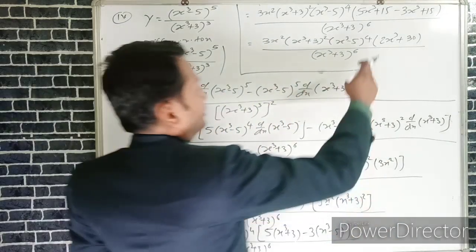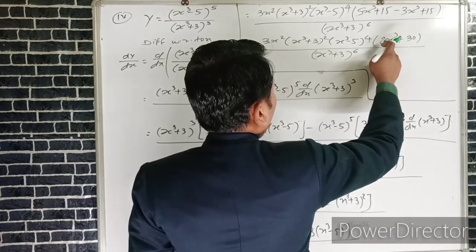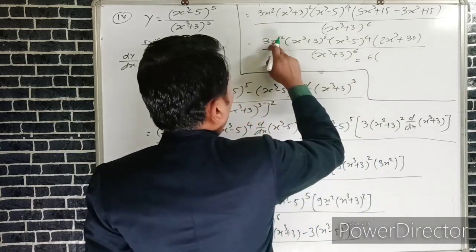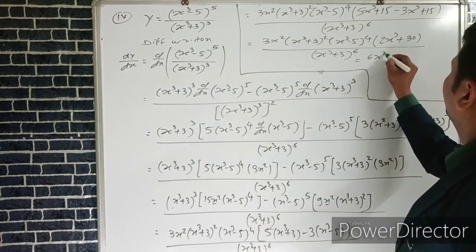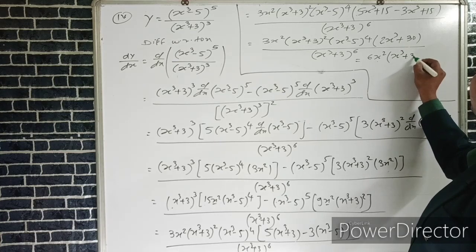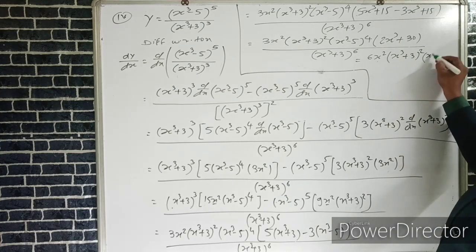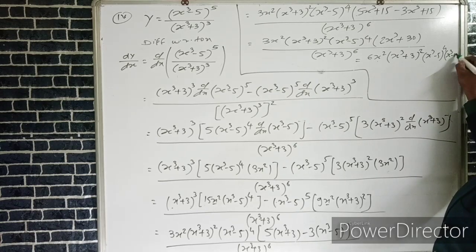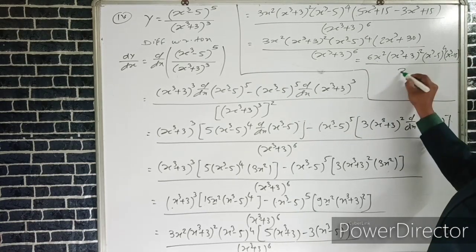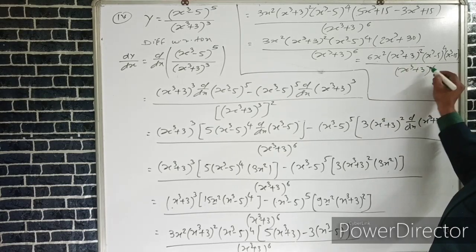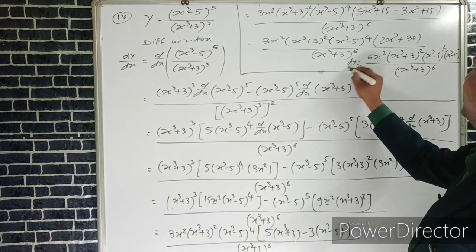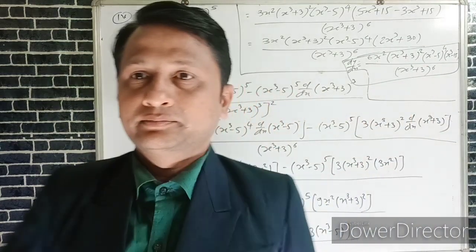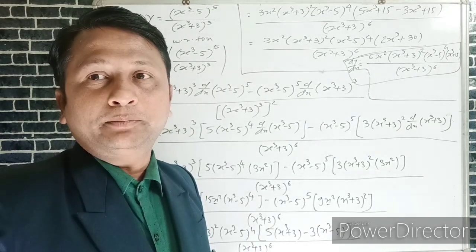If we take 2 common in this bracket, then we can write 2 into 3, 6 into x square into (x cube plus 3) whole bracket square into (x cube minus 5) whole raised to the power 4 into (x cube plus 15) upon (x cube plus 3) whole raised to the power 6, which is the required derivative of y, dy upon dx. Sorry, x cube plus 15.